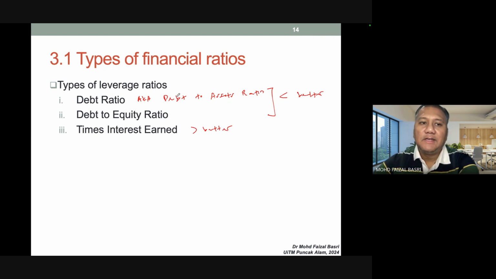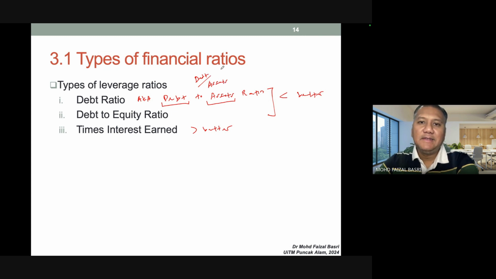Like for example, debt ratio, number one is debt, and the second is assets. So debt to asset. Technically, the formula from the name itself is total debt bahagi assets. Debt bagi asset lah.